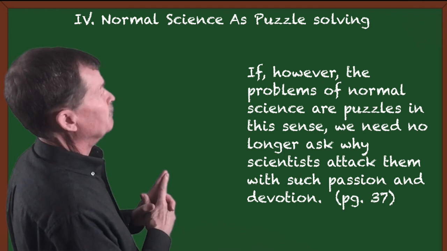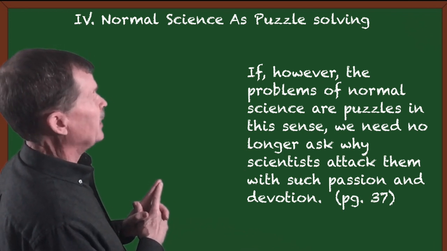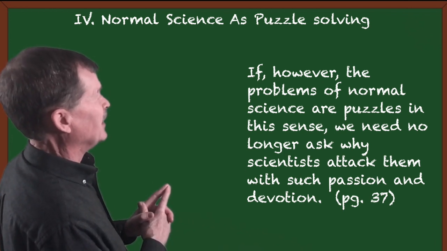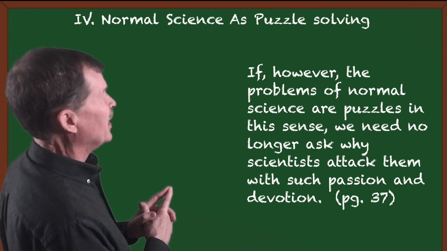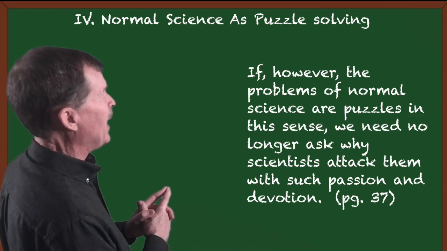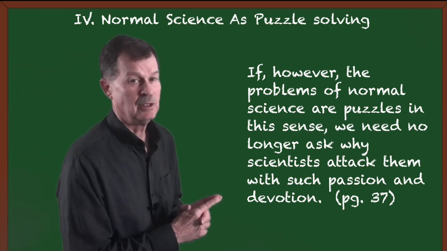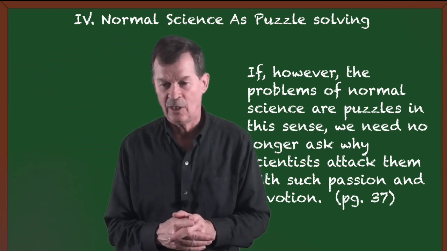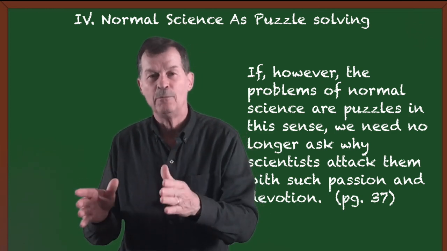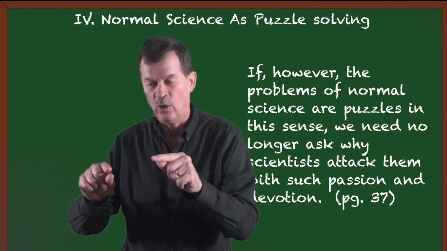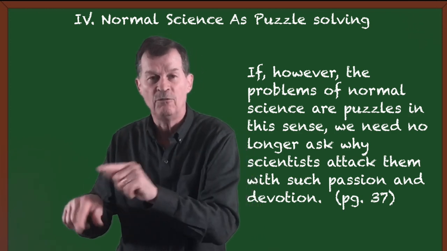If, however, the problems of normal science are puzzles in this sense, we need no longer ask why scientists attack them with such passion and devotion, because it's particular, it's autonomous, it's independent. It's the one scientist that is going to solve that puzzle.